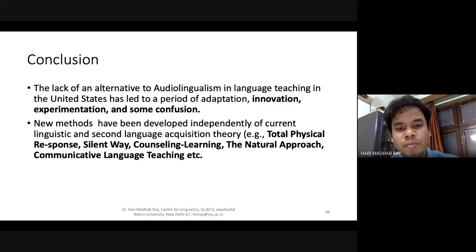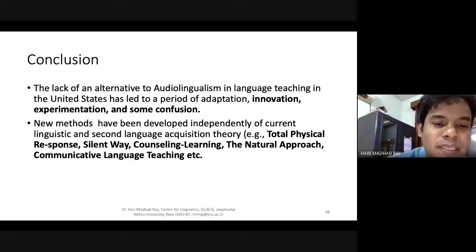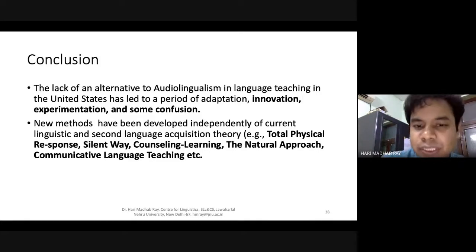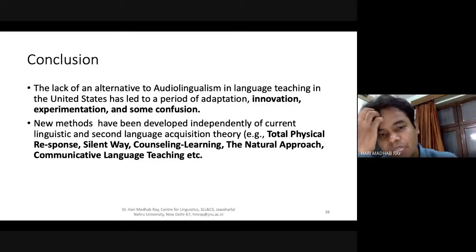Most modern teachers, let's say, are using this communicative approach to language teaching, you see. So in the next class, I'll introduce you to this communicative language teaching method.